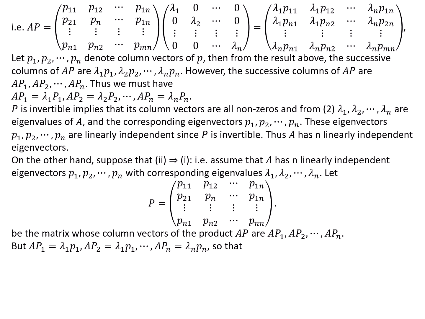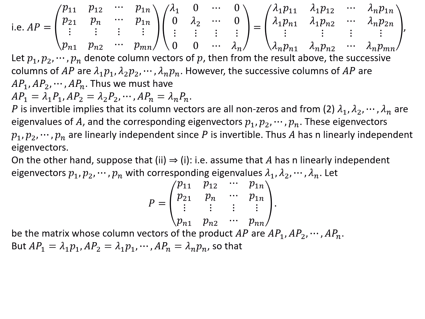However, the successive columns of AP are AP1, AP2, up to APn. Thus, we must have AP1 equal to lambda 1 P1, then AP2 equal to lambda 2 P2, and so on.